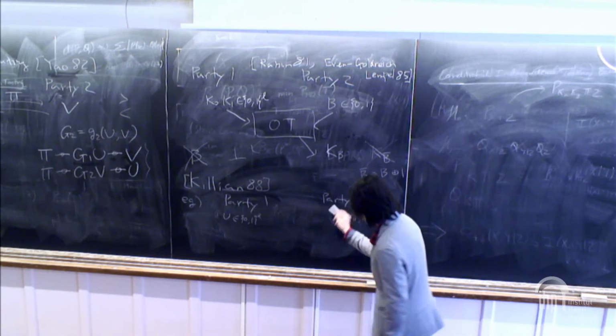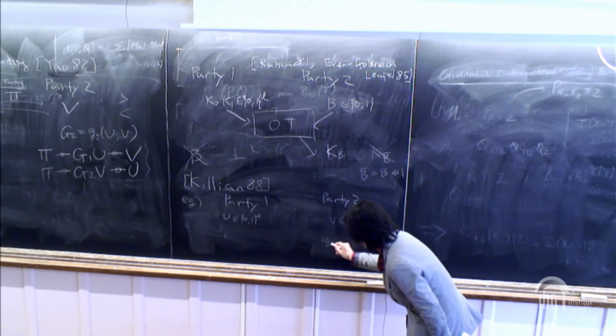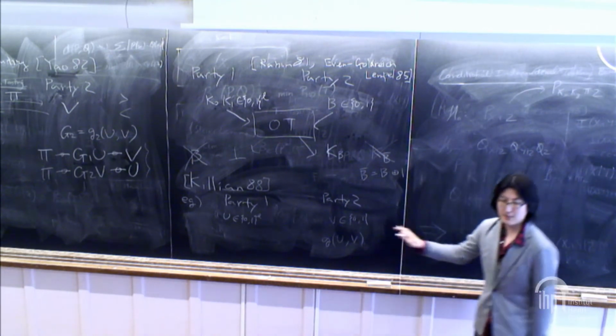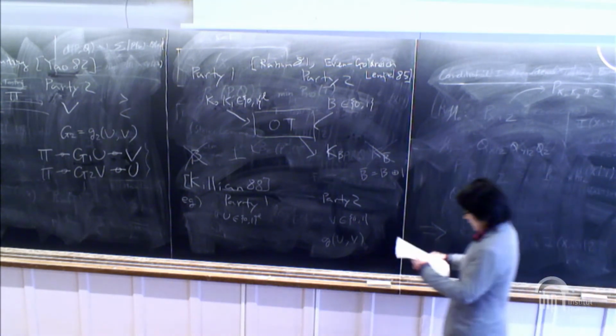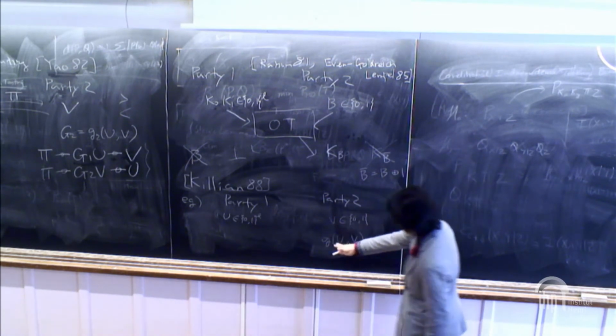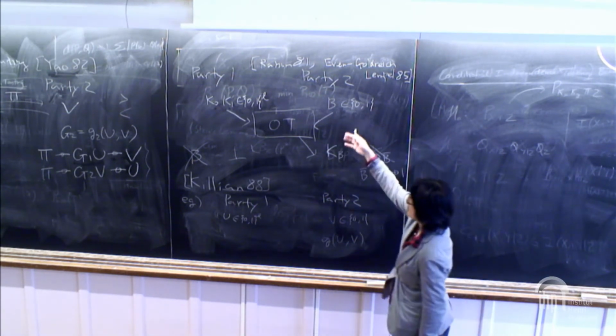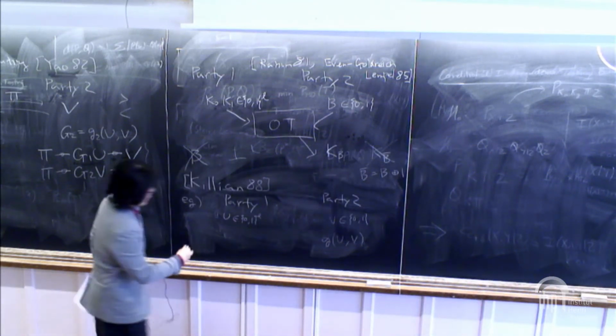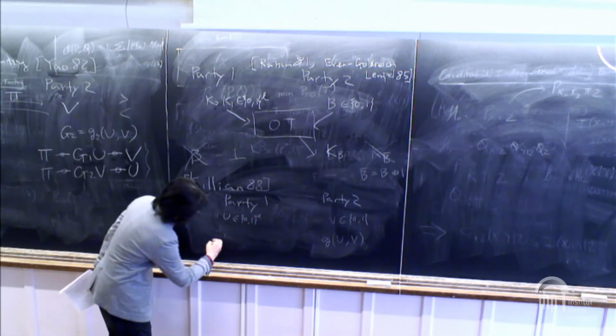And party 2 would like to compute some function g of u and v. So how do we compute this g of u and v by using oblivious transfer? The scheme is the following.